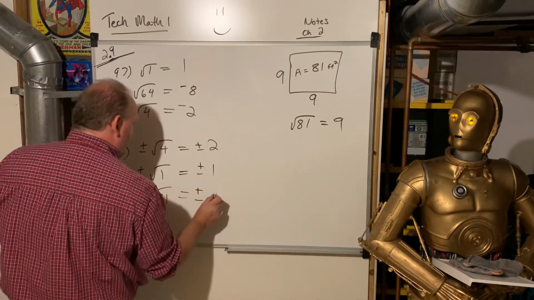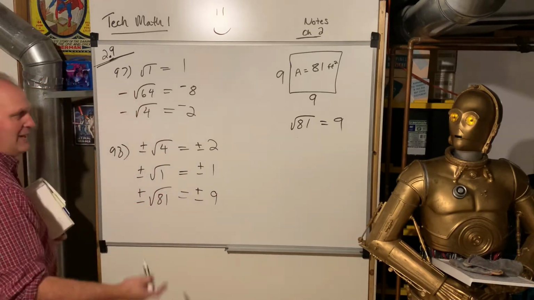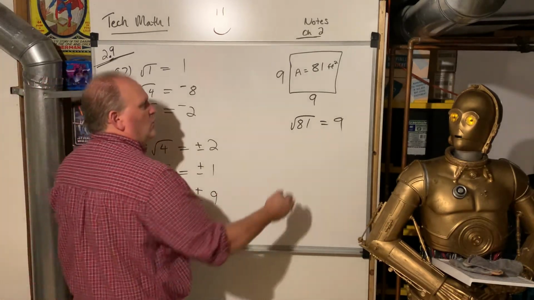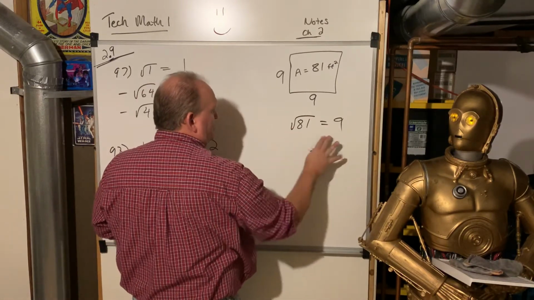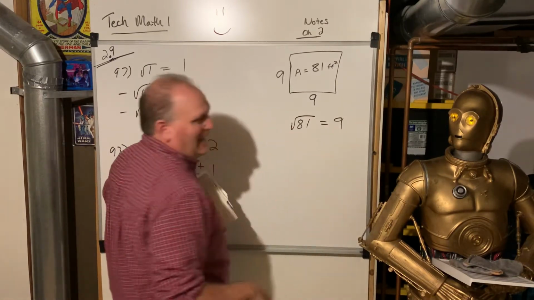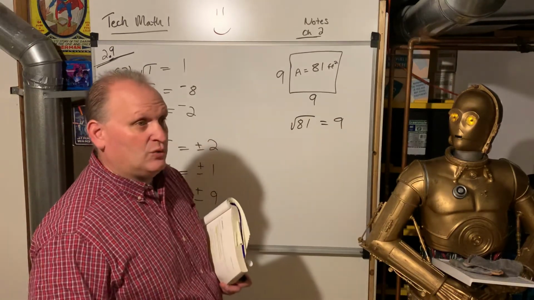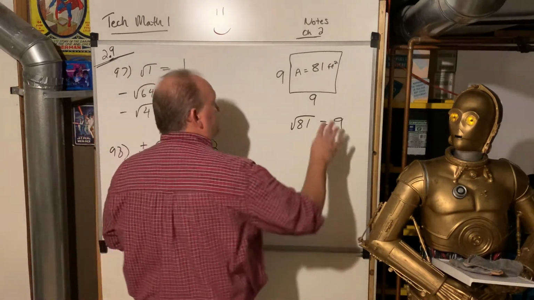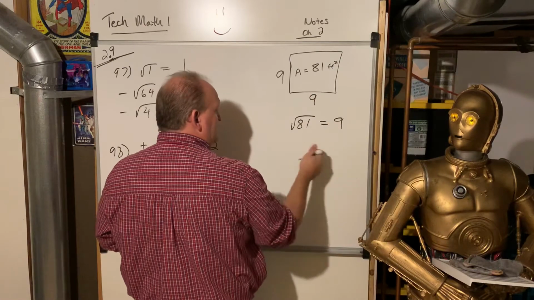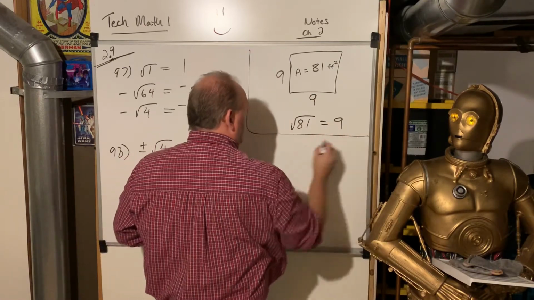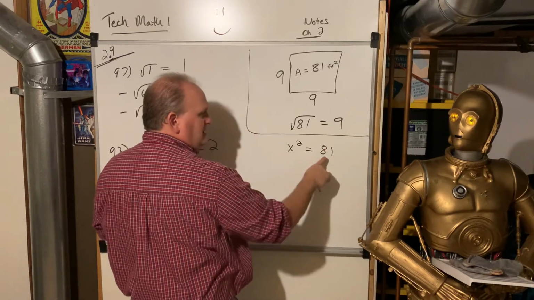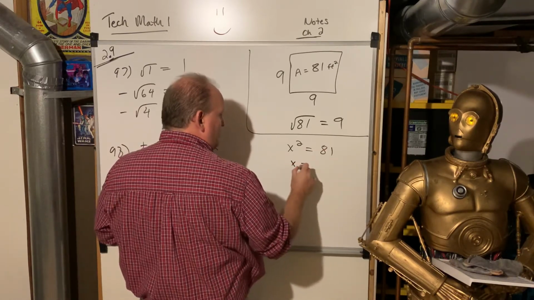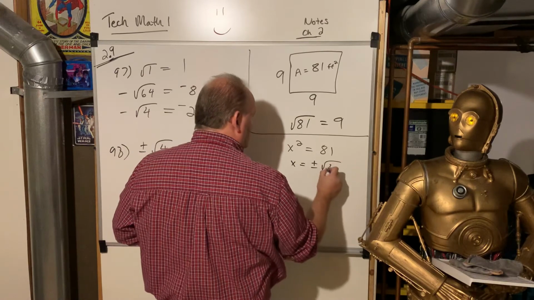So now let me give you some context with this plus or minus. Why would we see plus or minus? It was born from geometry, so when you take the square root of a number, you just give me the positive value. That's called its principal root, because distances have to be positive. But in algebra, sometimes we'll see things that look like this. X squared is equal to 81, which means algebraically there are 2 solutions.